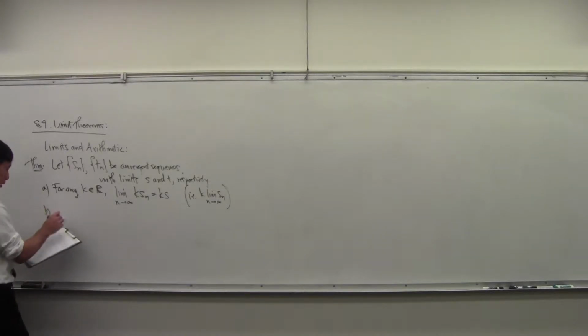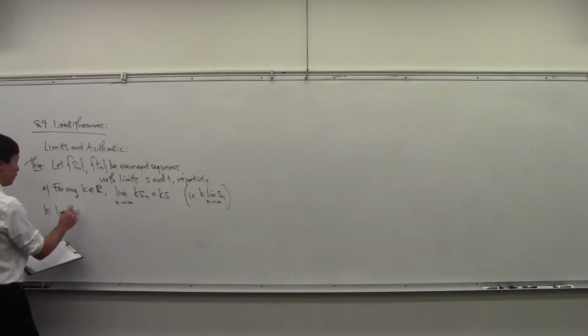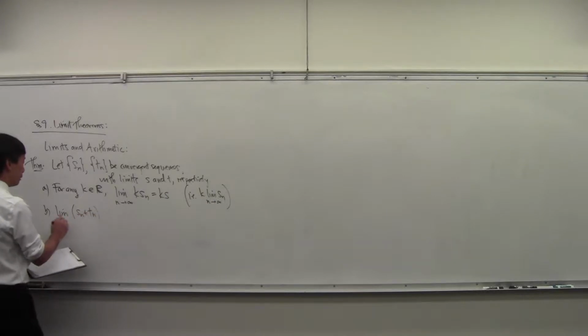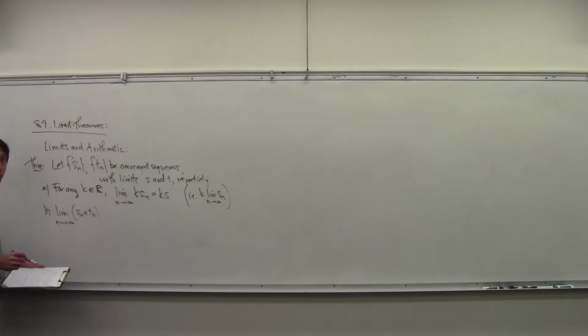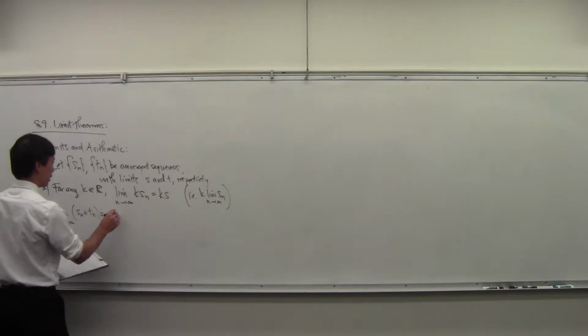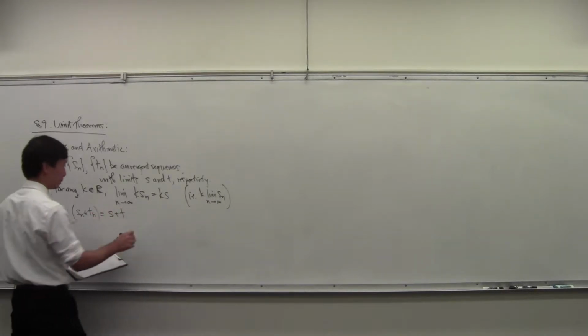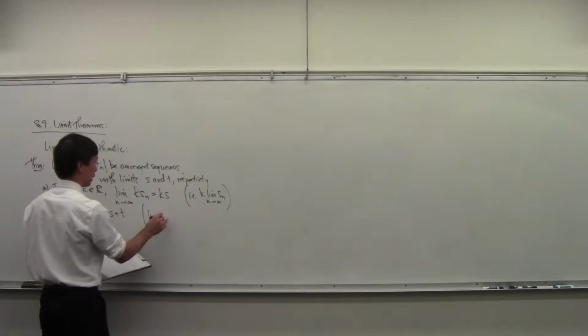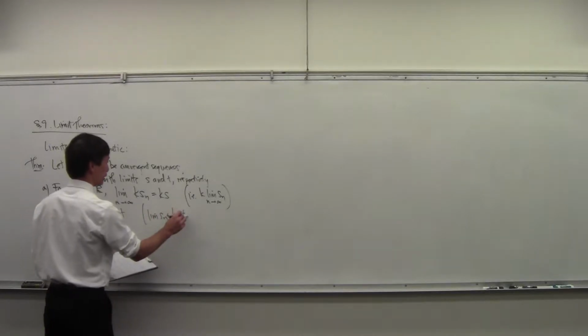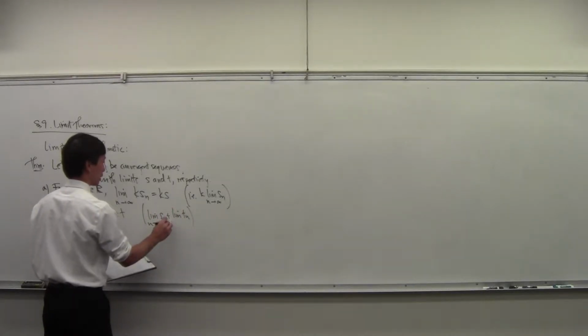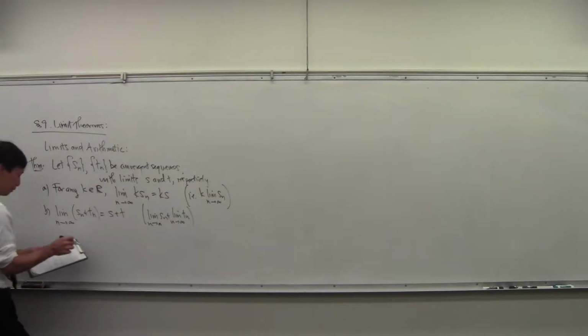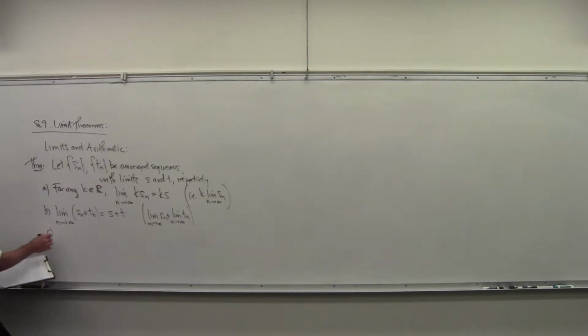B, the limit of a new sequence formed by taking the sums of the sequences is going to be the sum of the limits, right? The limit of the first guy plus the limit of the second guy, right? Et cetera, right?